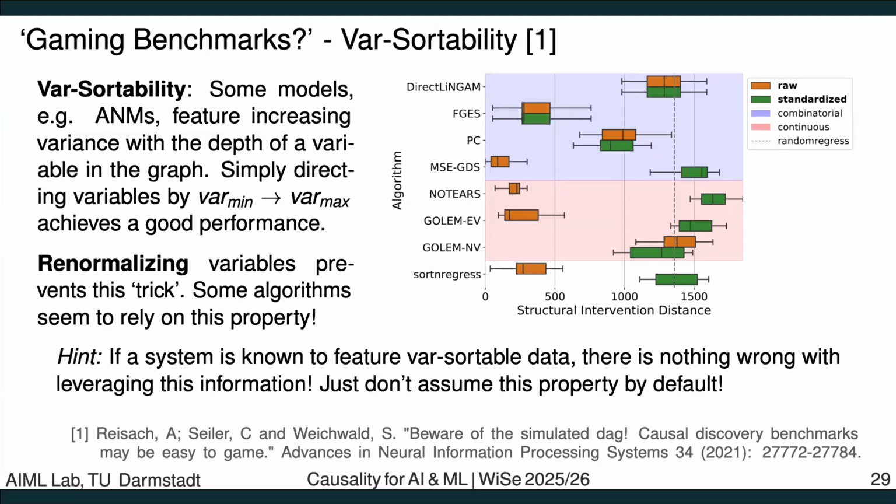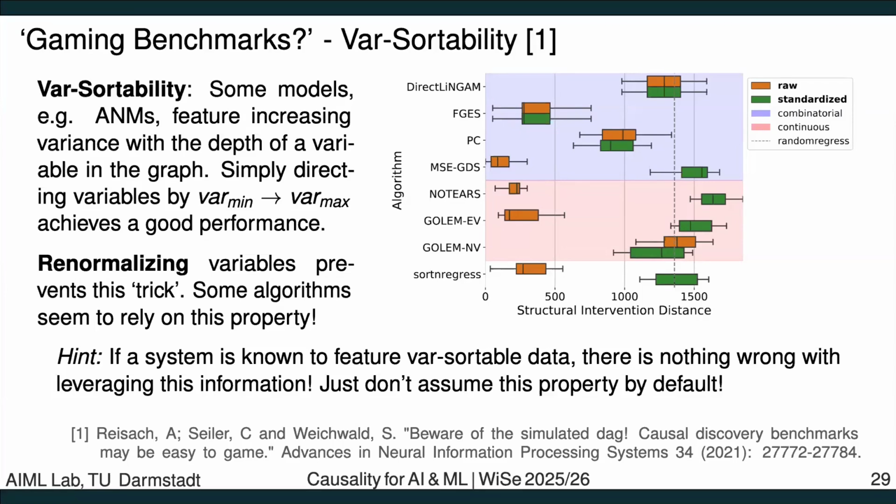It performed even better than all the classical algorithms. It suddenly drops a lot in accuracy, and also in SID. So basically what this means is that it has some implicit bias that leverages this property.